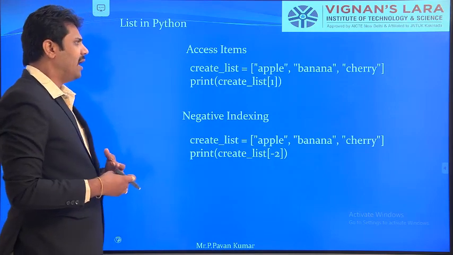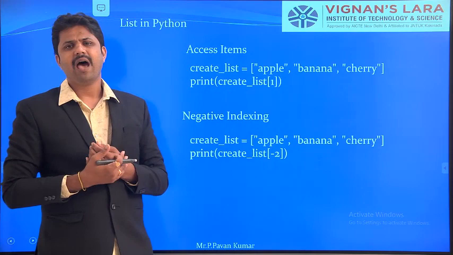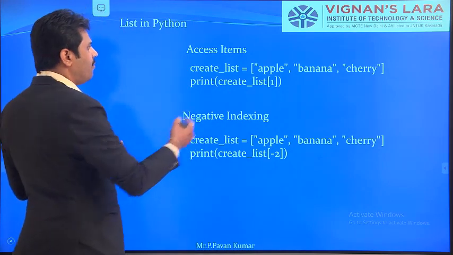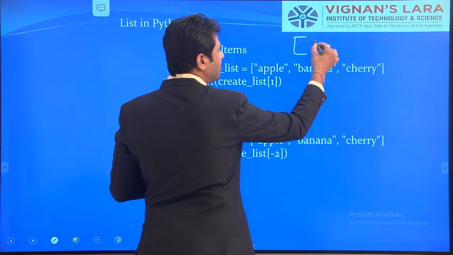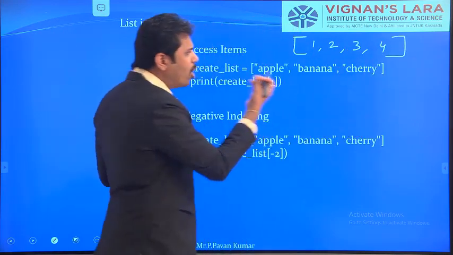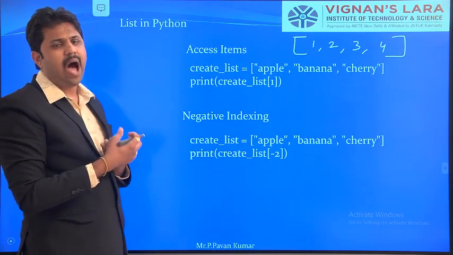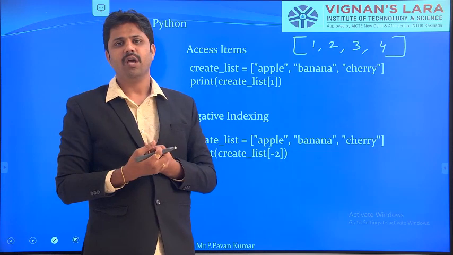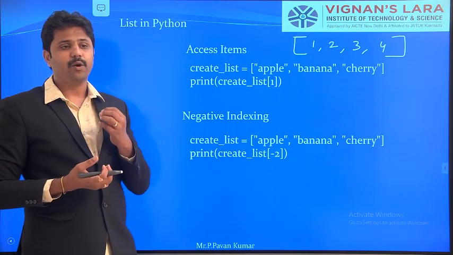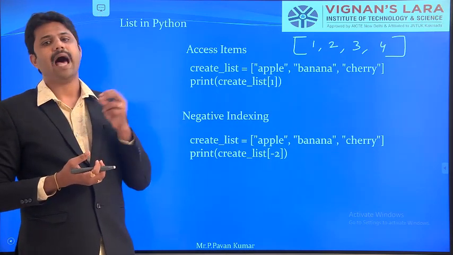Next, how to access information in a list. I have a list that contains so many items. For example, I have items 1, 2, 3, 4 like this. I want to access information from that list. How can you access the information? You have an index for each and every item in a list. With the help of that index value, you can access that item.